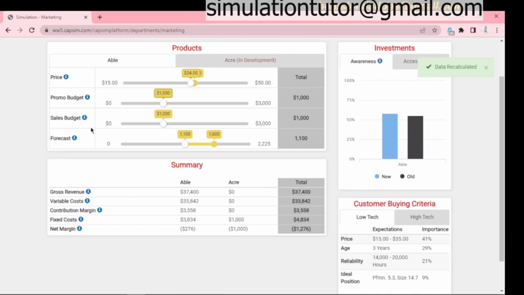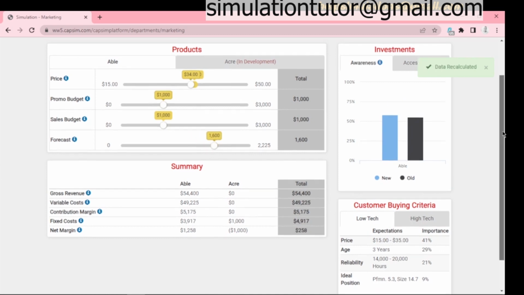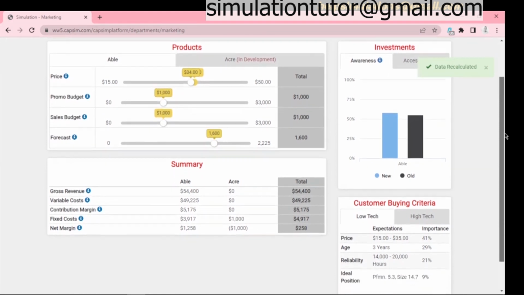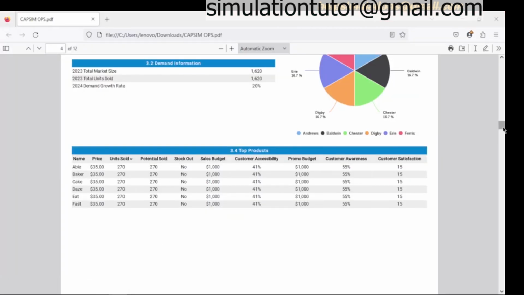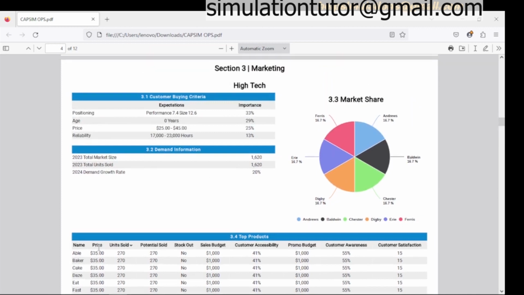For the forecast, remember, the Able product serves both the high-tech and the low-tech market segment in this case. So we can evaluate our report and see the number of products that we sold. In the high-tech, we sold about 270 units.